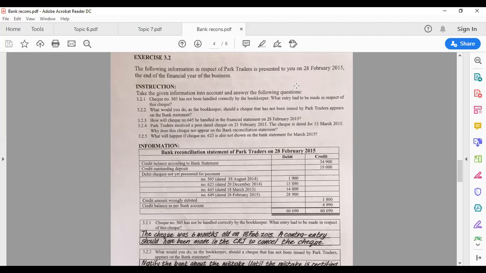Take the given information into account and answer the following questions.